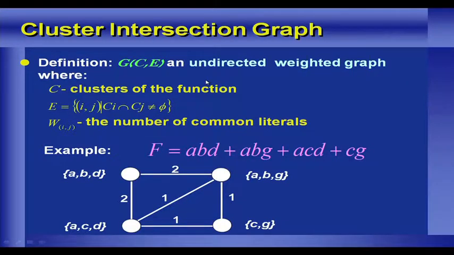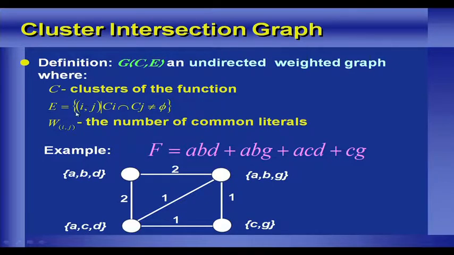And now I'm going to create something that you're all familiar with, an intersection graph. I'll call it the cluster intersection graph. The nodes correspond to the clusters, and two clusters will be adjacent if they have a common element in them.